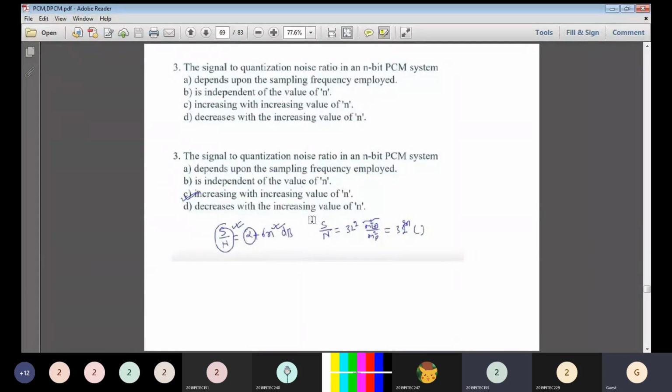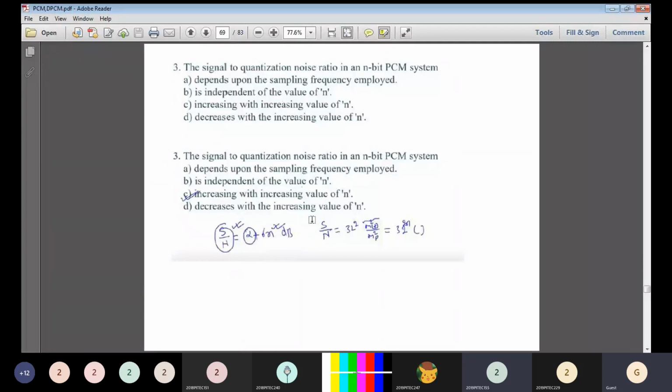The third question: the signal to quantization noise ratio in an n-bit PCM system. The SNR S by N, signal to quantization noise ratio in an n-bit PCM system.